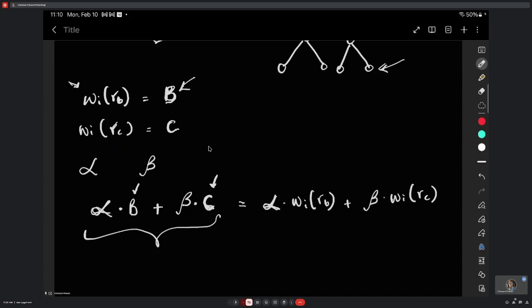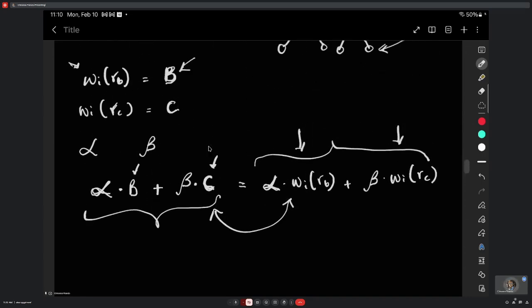And then when we evaluate the new polynomial we get here at RB and RC, we evaluate this guy at RB, evaluate this guy at RC, and sum it up. We should get the same value with this guy. So these two should give us the same values. Let's do an example.